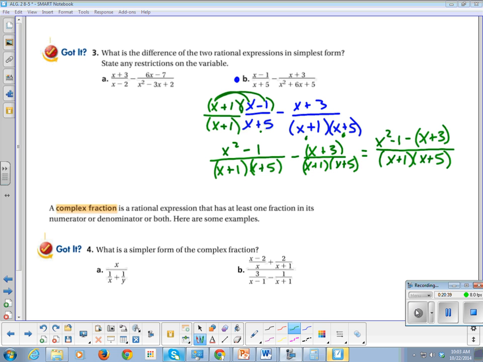Because when you distribute out that negative, it's actually x squared minus 1 minus x minus 3. So it applies to everything in there. Let's simplify that, and I get x squared minus x minus 4.